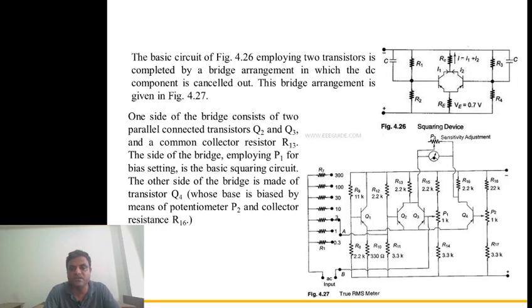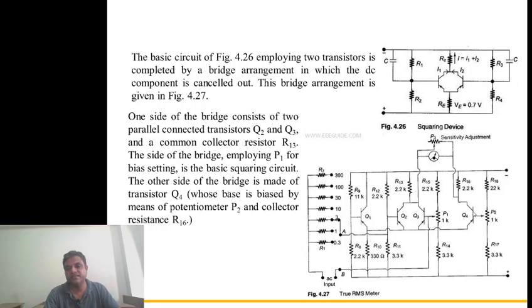The side of the bridge employing P1 for bias setting is the basic squaring circuit. See this particular P1. The other side of the bridge is made of transistor Q4, whose base is biased by means of a potentiometer. We are familiar with this type of circuit.